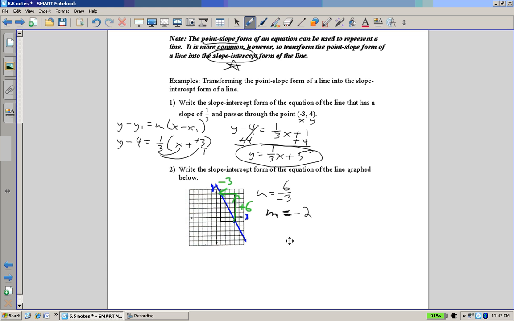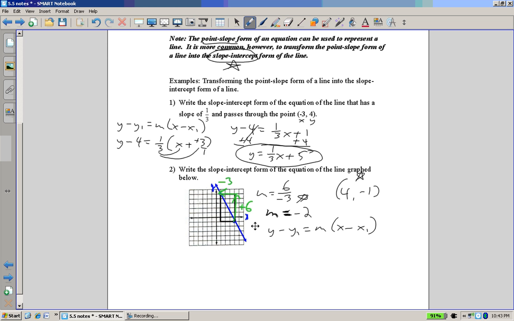And here we go. We're going to pick one of the 2 points. It doesn't matter which one you want. I think I'm going to pick 1, 2, 3, 4, negative 1. And I have my point and my slope. I'm going to put it in point-slope form. y minus y1 equals m times (x minus x1).